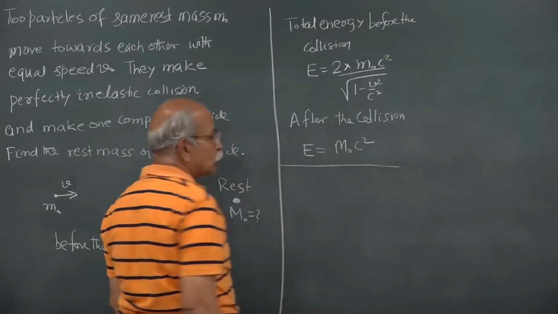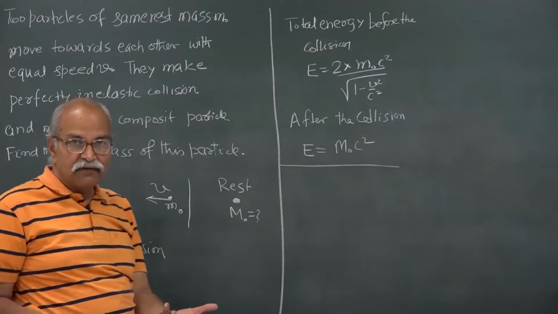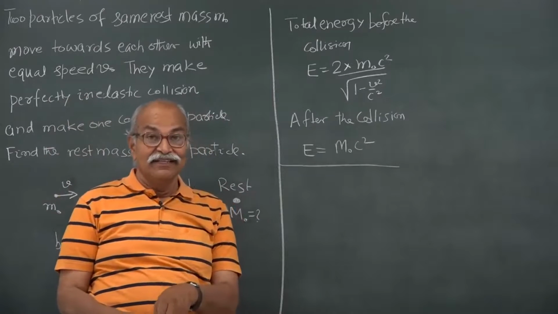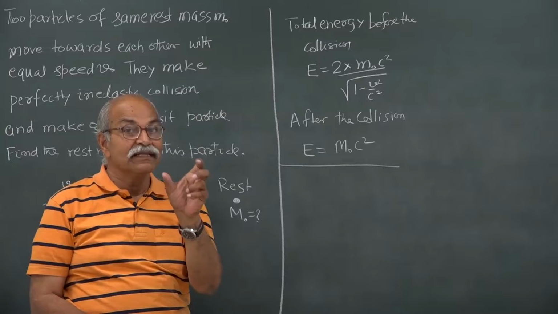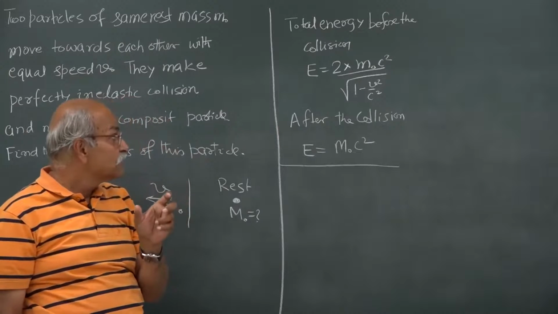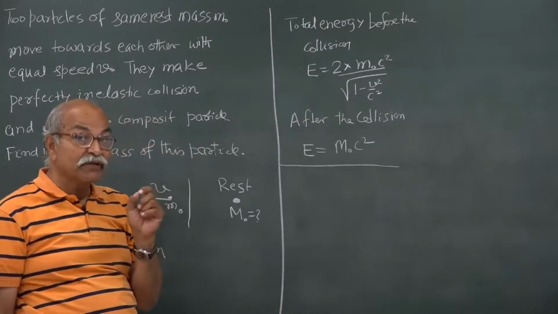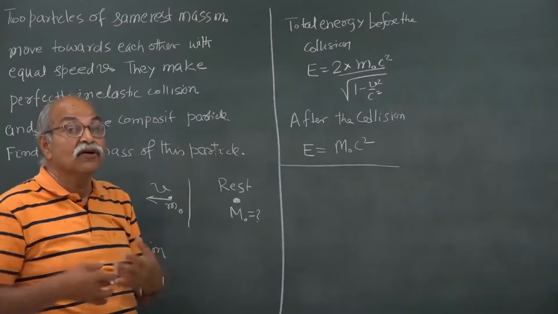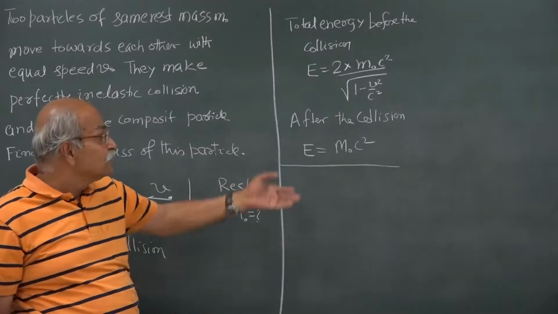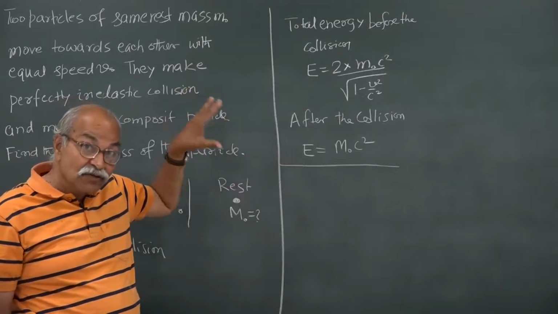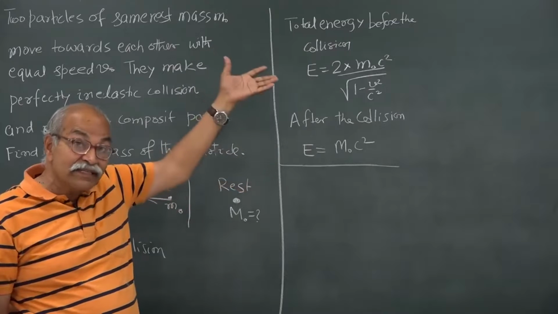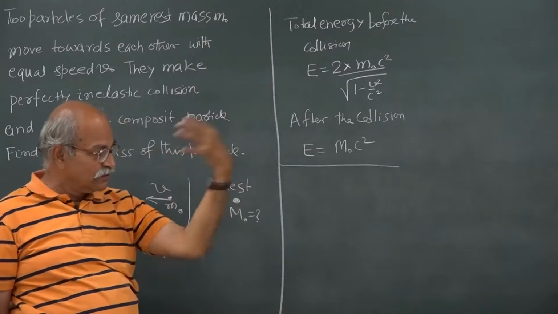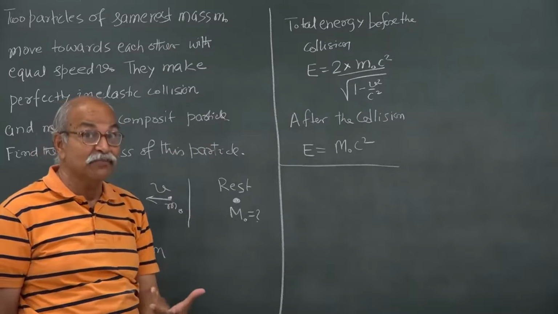And total energy remains conserved. In non-relativistic mechanics, when we say perfectly inelastic, we mean that the kinetic energy is lost. Here, kinetic energy is lost, but then this rest mass energy should appear. So, let us see.